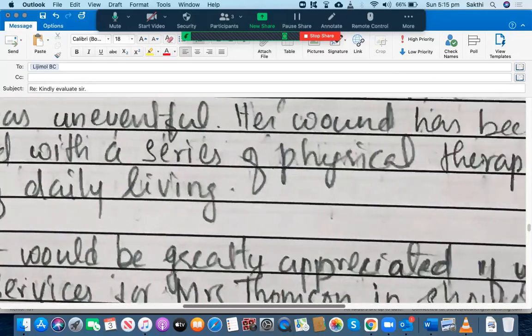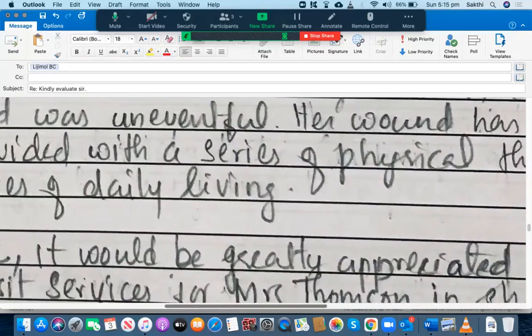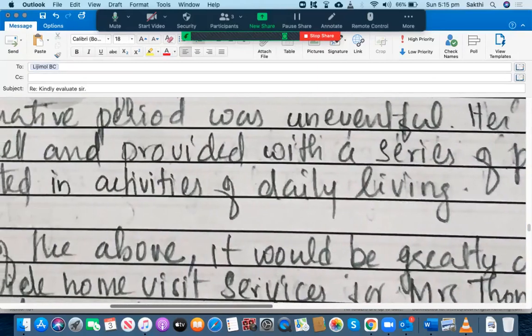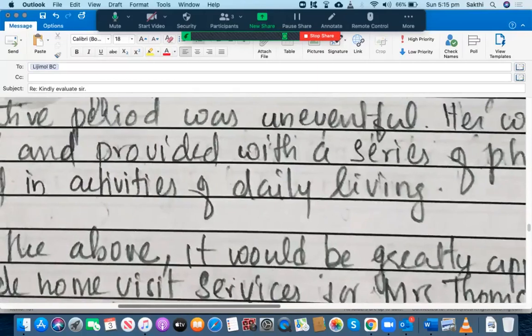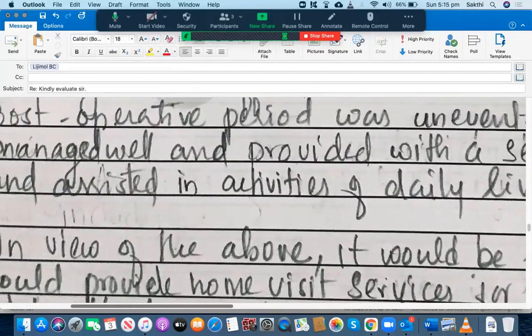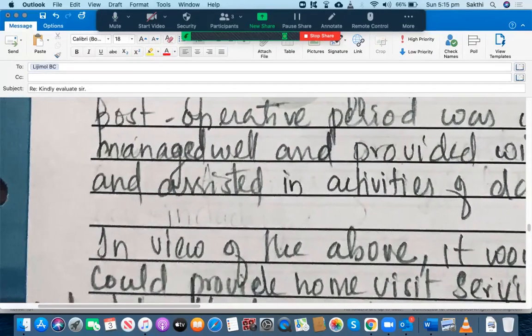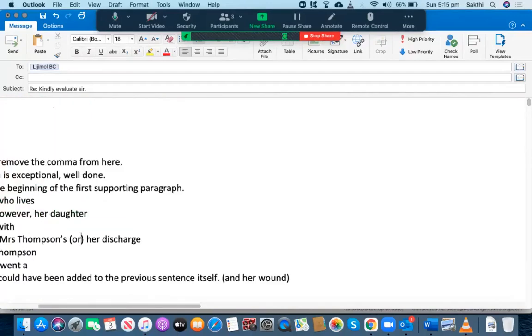And provided with a series of physical therapies. Okay, instead of writing "provided with a series of physical therapies", you could have used, for example, "also a series of physical therapies were provided". So you should have mentioned it like this.